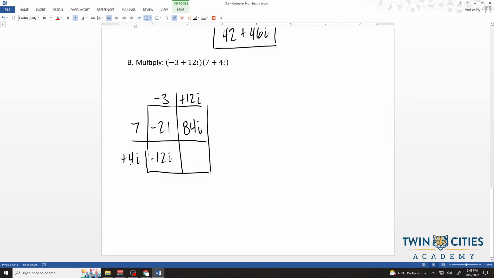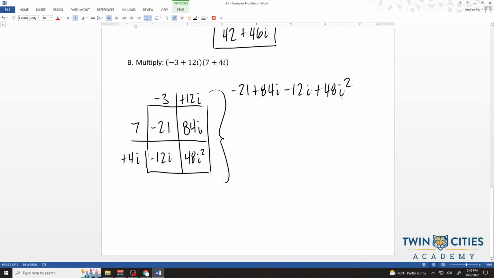And lastly, 4i times 12i. 4 times 12 will make 48. And i times i is i squared. Let's put all this together. Negative 21 plus 84i minus 12i plus 48i squared.